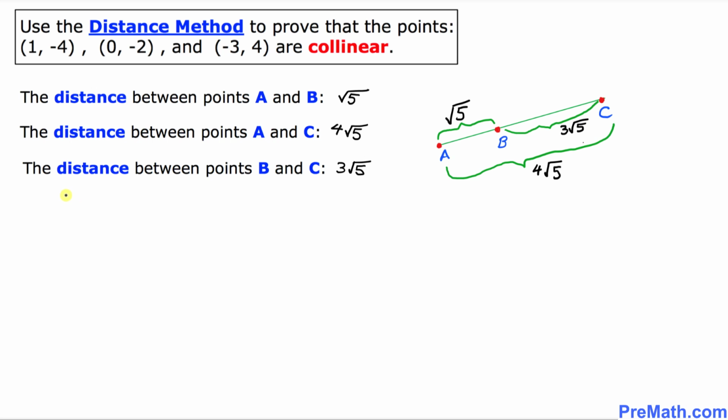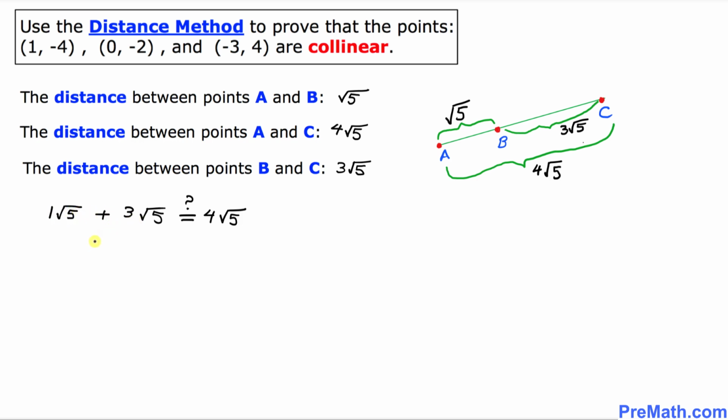Alright, so now we are going to write it down this way. The distance between A and B is the square root of 5 plus the distance between B and C is 3 square root of 5. My question is, is this equal to the distance between A and C, which is 4 square root of 5? Here I can write this square root of 5 as 1 times the square root of 5.